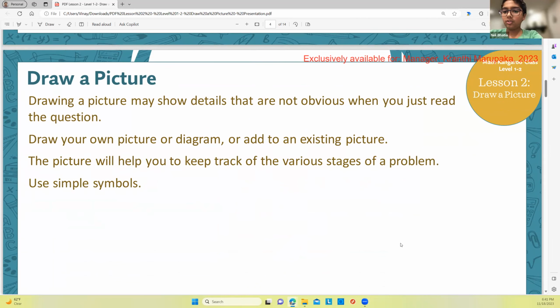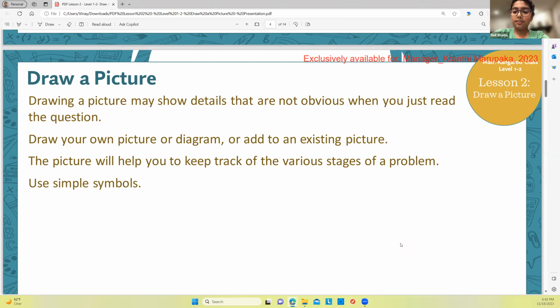So one great strategy for solving problems is drawing a picture, and just so you know, these pictures will help you see stuff that is not understandable just by reading the question, and it can greatly help you in solving problems. And your drawings don't have to be extremely elaborate, they can be pretty simple.